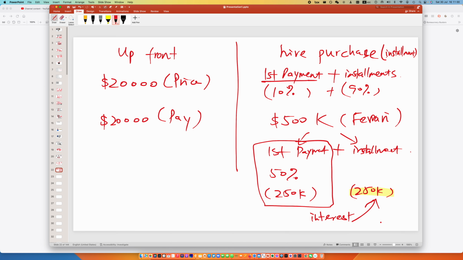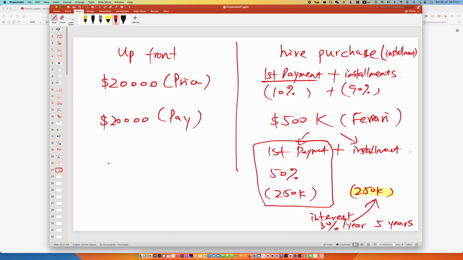So the interest will apply for the remaining. Usually the bank will charge you the prevailing or current interest rate right now. Maybe the bank will charge you 3% a year. And usually the bank will require you to pay off this amount in a certain number of years, not forever. So let's say the bank wants you to pay off in 5 years. So how do you do this question? The interest rate is 3% per year, 5 years.